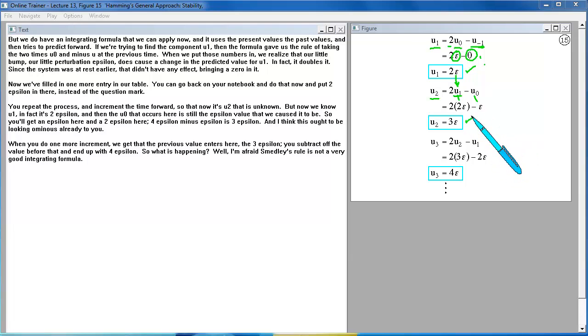And I think this ought to be looking ominous already to you. When you do one more increment, you get that the previous value enters here, the 3 epsilon. You subtract off the value before that, and you end up with 4 epsilon. So what is happening? Well, I'm afraid Smedley's rule was not a very good integrating formula.